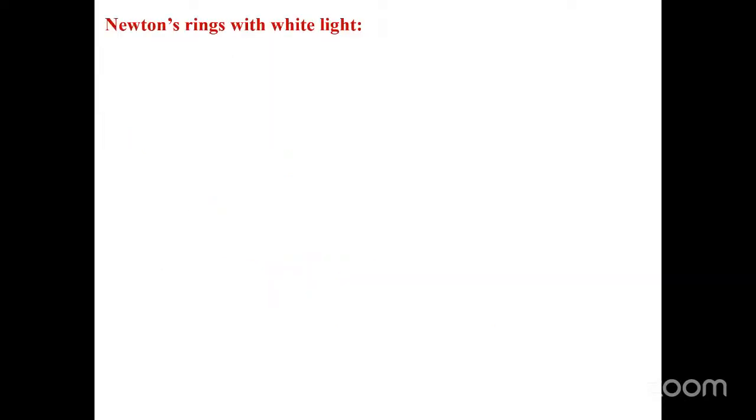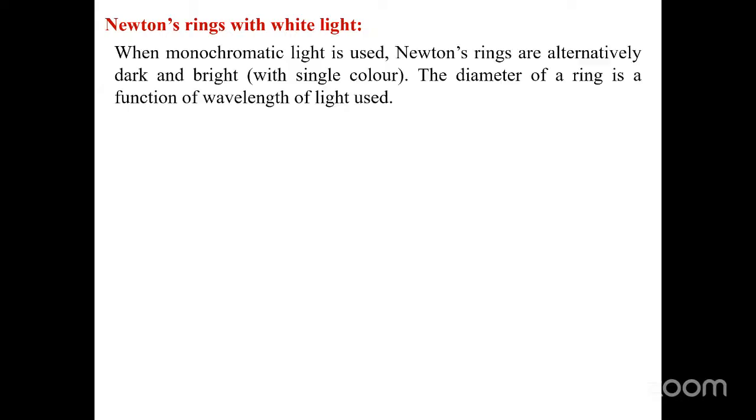And if you consider, in place of the sodium vapor lamp, which is a yellow color light, a white light, what do you observe? White means a combination of 7 colors. Monochromatic means single colored wavelength.